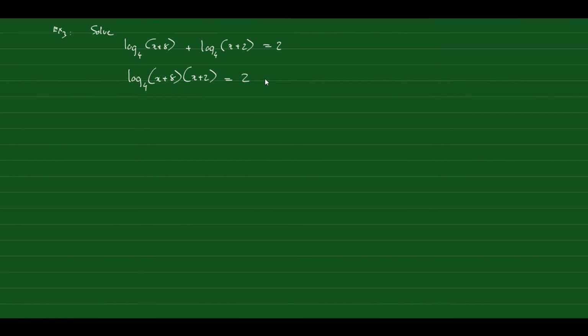This is equivalent to x plus 8 times x plus 2 equal 4 to the second power, which is 16, and now you distribute them in, which gives you the quadratic x squared plus 10x plus 16 equals 16. Cancel them out.